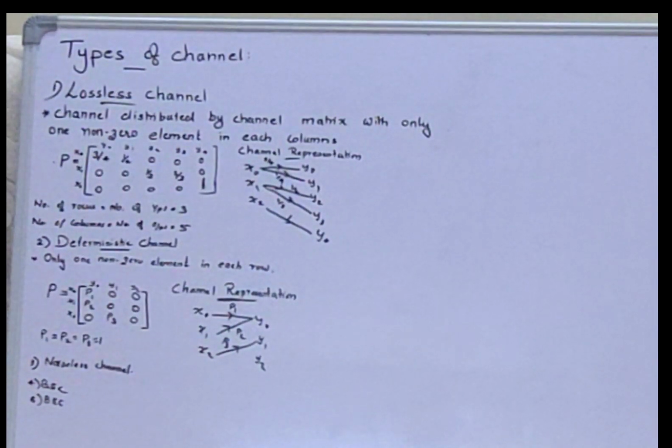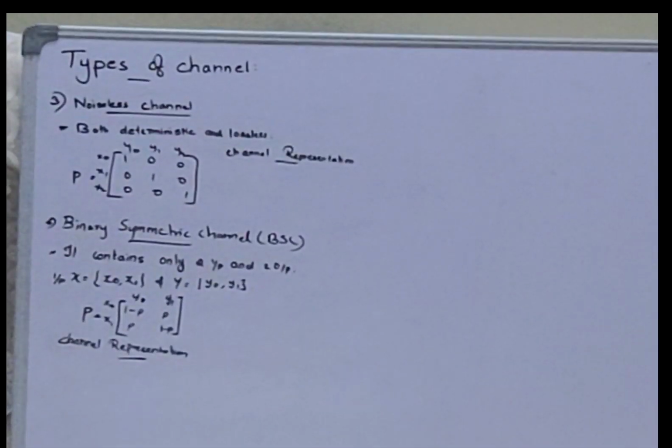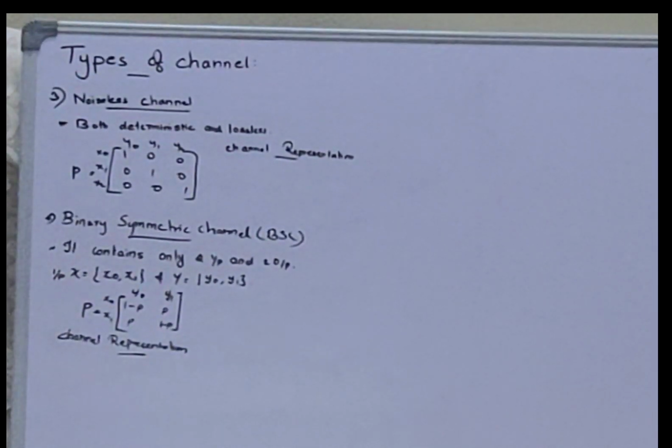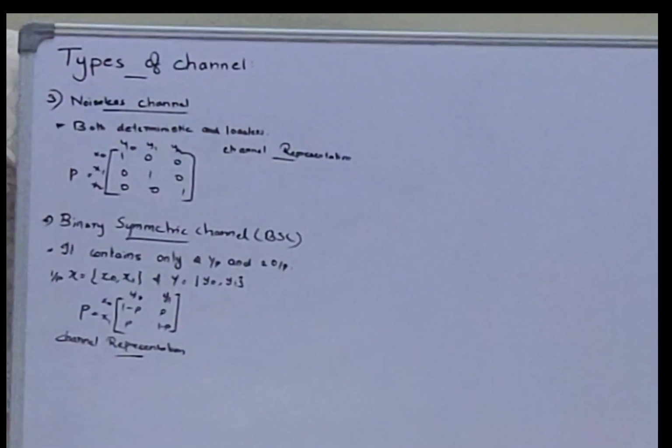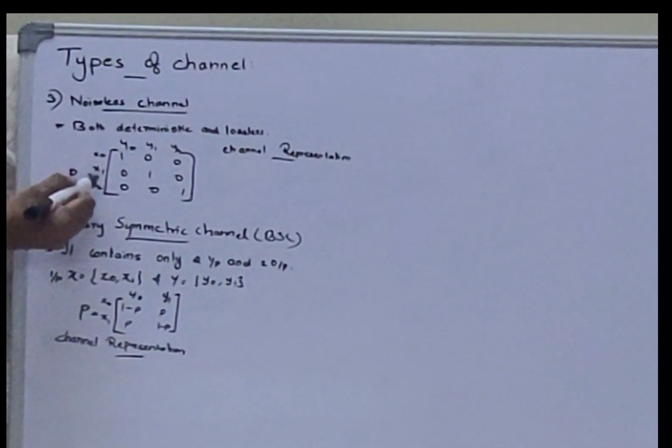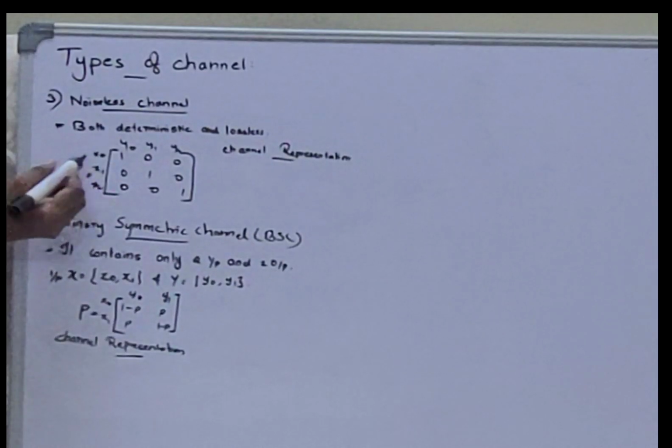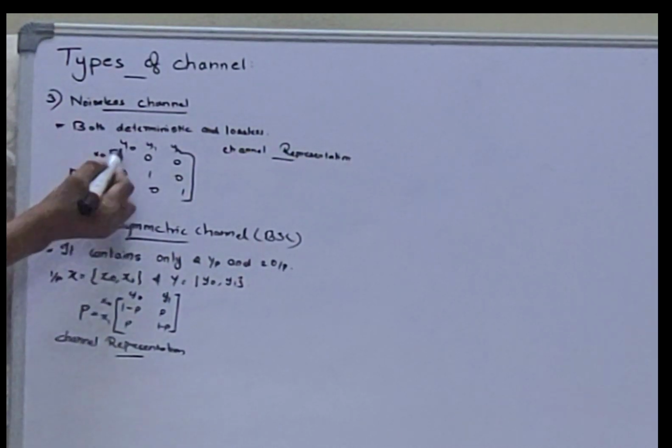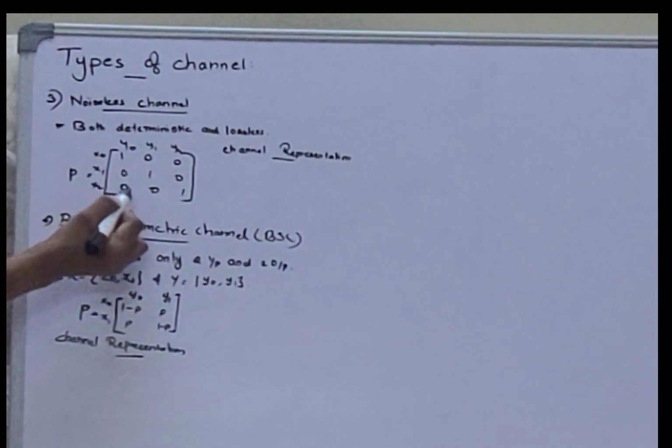Now we can look at the noiseless channel. A noiseless channel is both deterministic and lossless. The channel matrix P has inputs x0, x1, x2 and outputs y0, y1, y2. Then the channel matrix P is 1, 0, 0; 0, 1, 0; 0, 0, 1.